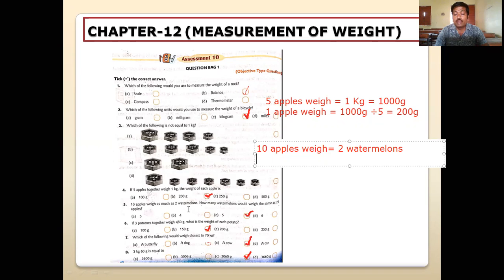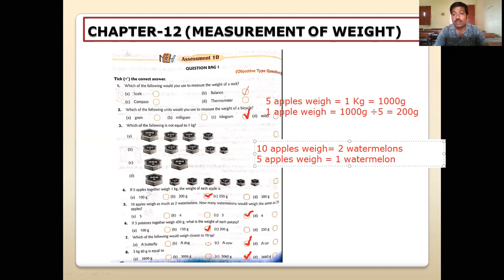To find the weight of 25 apples, we will first find 1 apple's weight. Going by this, 5 apples weigh as much as 1 watermelon.